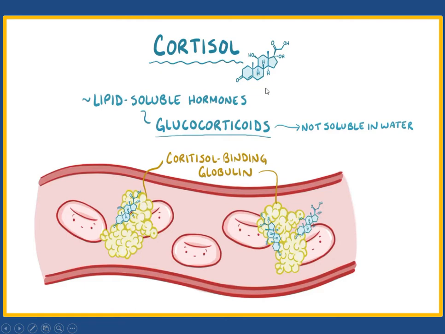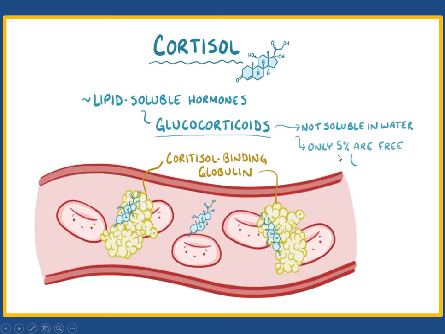And this cortisol is a lipid-soluble hormone and not soluble in water. Because of this, it is necessary for circulation of cortisol in the blood. It binds with a special globulin, cortisol-binding globulin.